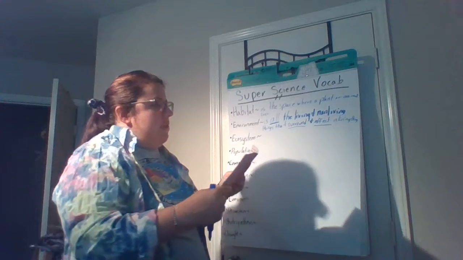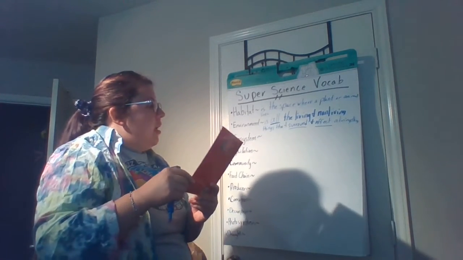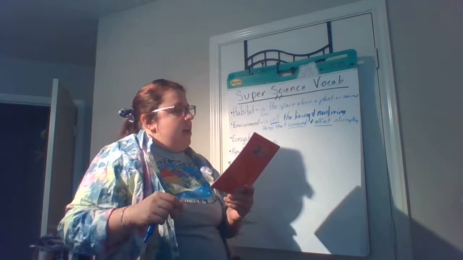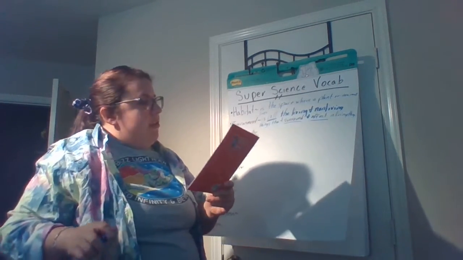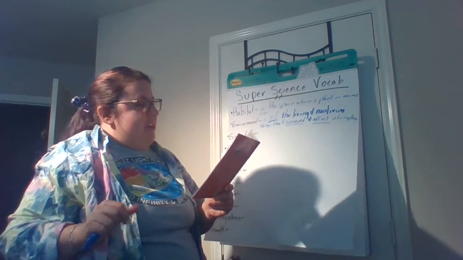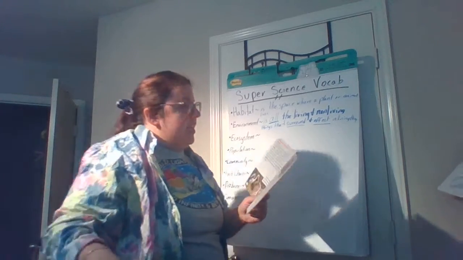How are living things organized in an ecosystem? That's the next subtitle. Think about the great blue heron. The heron lives in a swamp with other organisms or living things. An ecosystem, stop, collaborate, and listen.